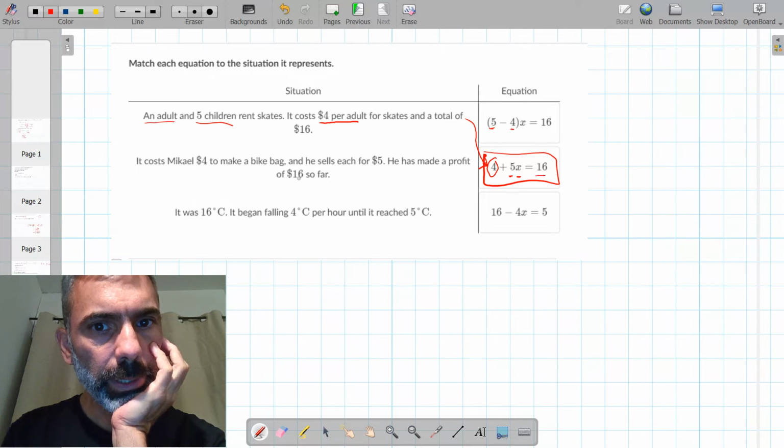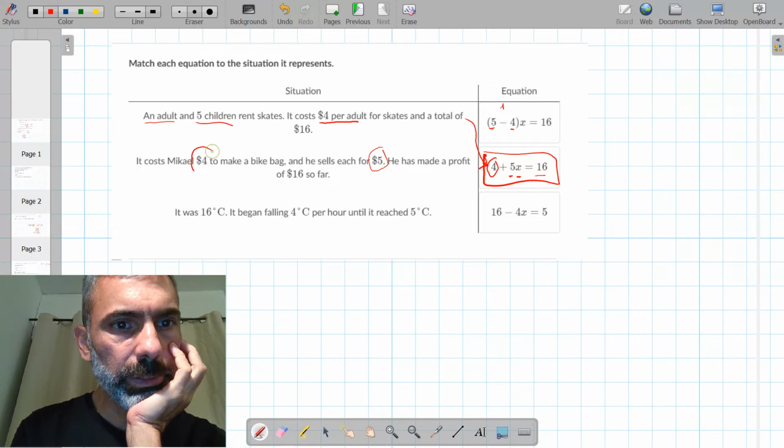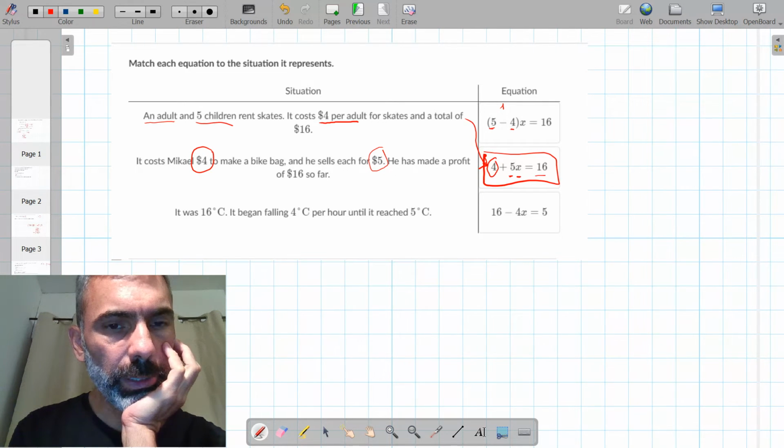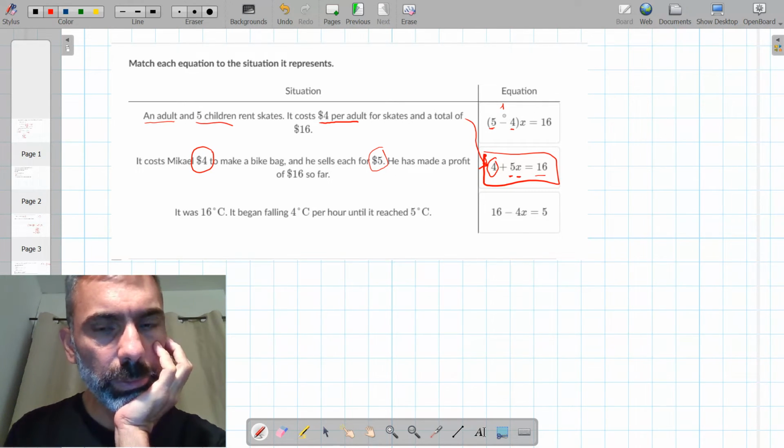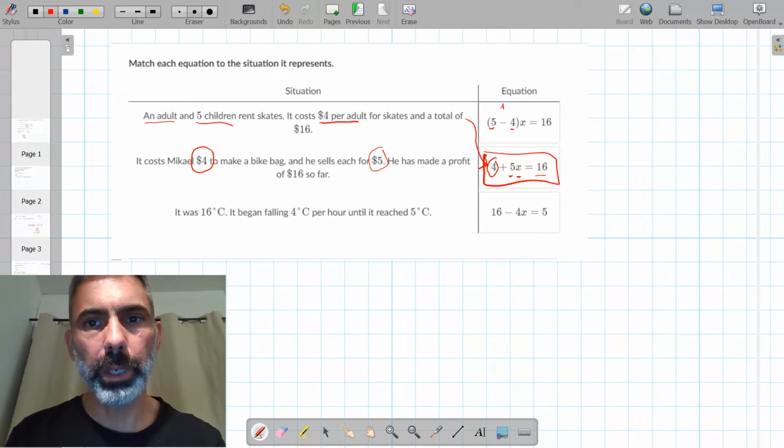So for each bag, he has a profit of $1. $5 revenue, the amount that he gets from the buyer, minus the cost of making. So he has a net profit of $1 per bag.